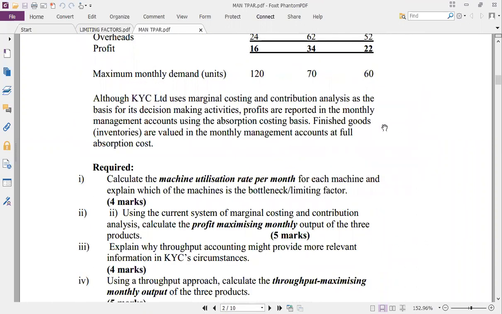So this question we've solved it before. Now check the second requirement. Using the current system of marginal costing and contribution analysis, calculate the profit maximizing monthly outputs. Good. That is the limiting factor. So you go through the same steps as we have here.